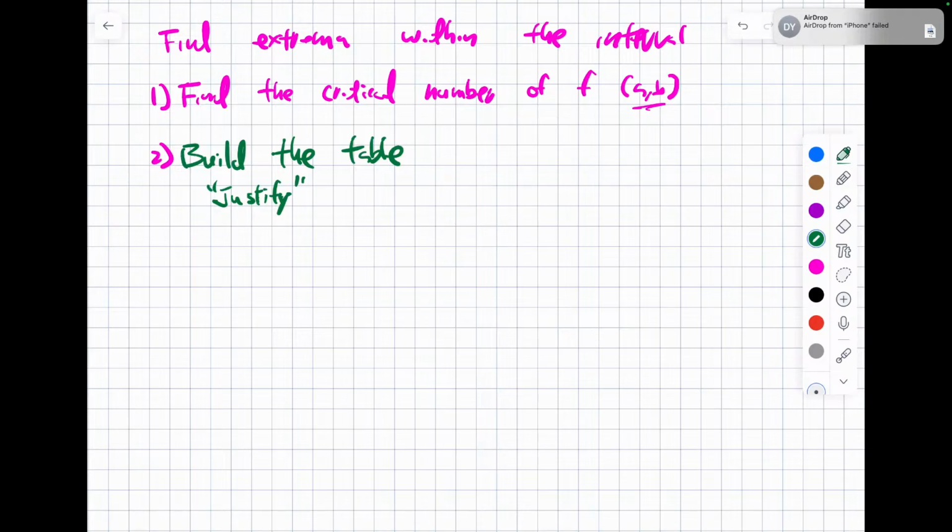Always build a table. And the table must evaluate the critical numbers.